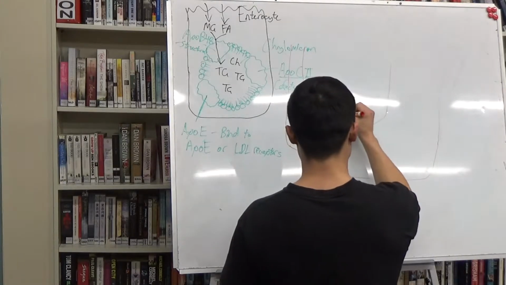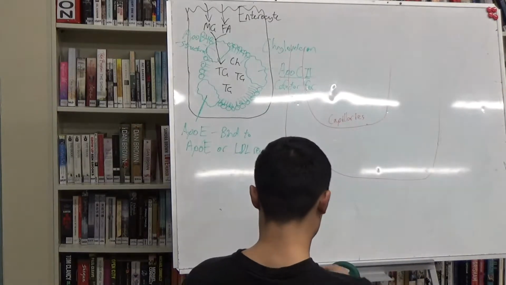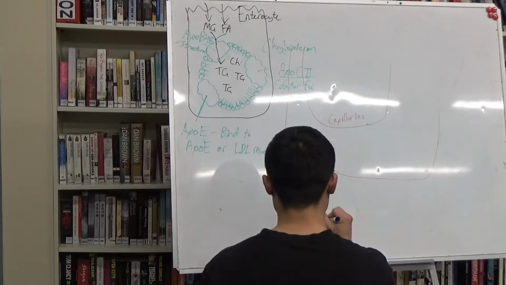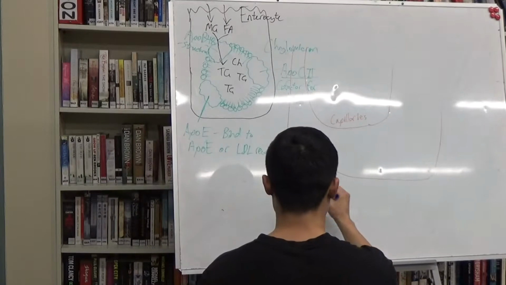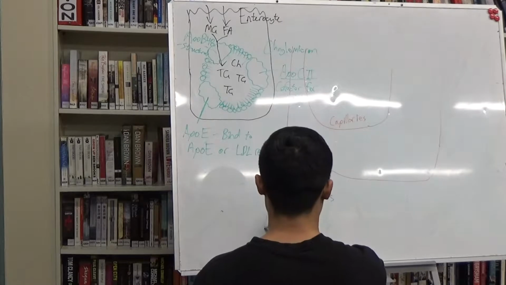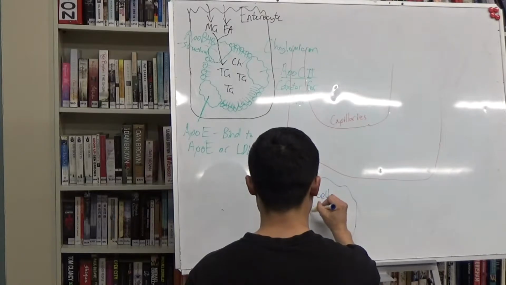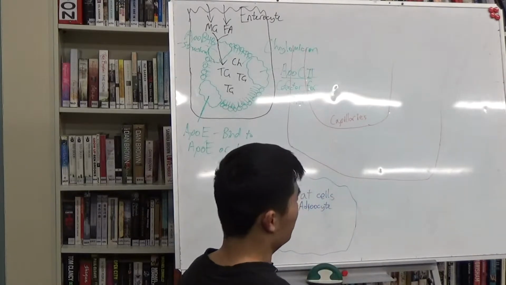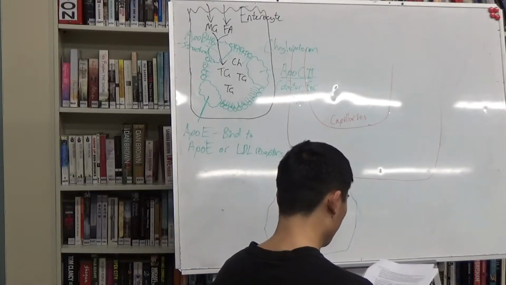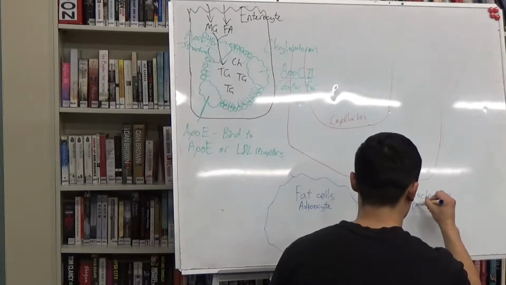And this is your, so now we're in the capillaries. So you might have your fat cells. So here's your fat cells, or you could call it your adipocyte. So adipocyte is the proper name for a fat cell. And you can also have your muscle cell, or if you want to be proper, you could call it your myocyte.